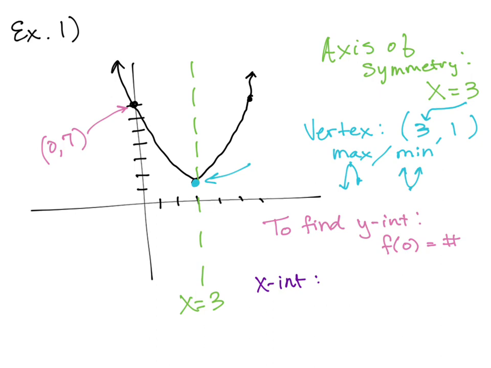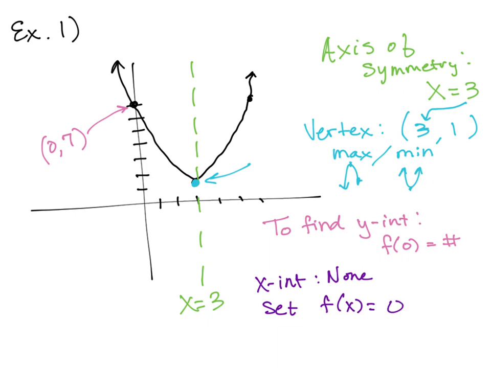In this case, we would say there are none. But we'll talk about in just a second how to find those. We know to find a y-intercept, we put 0 for x and solve for y. To find an x-intercept, what could we do? Good. Set f of x equal to 0.